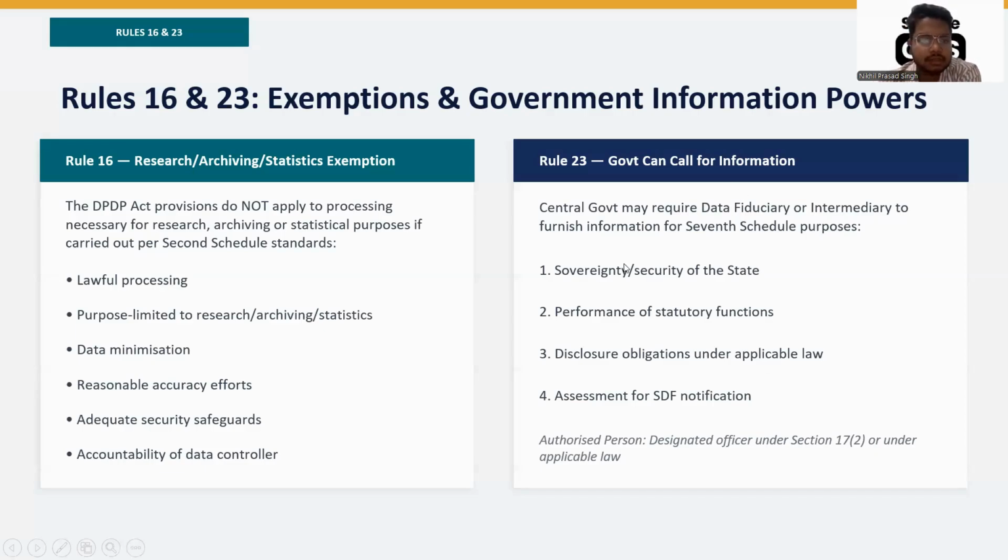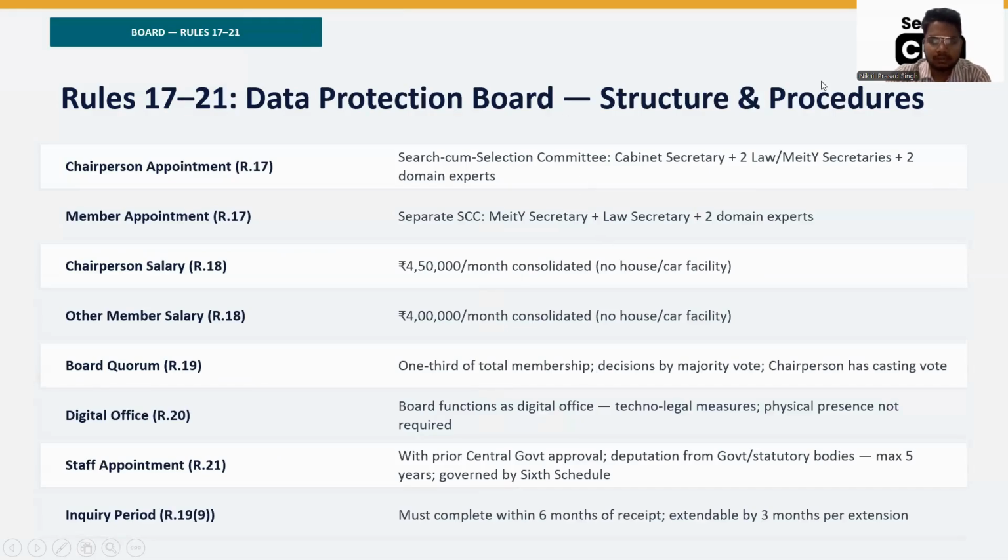Okay, let's proceed. Now, this is the structure of the Data Protection Board: what its structure and procedure shall be. It's not very important for you, but since it's in the rules, I'll give you an overview. There shall be a chairperson appointment. The committee will be one Cabinet Secretary, two MIT secretaries from the Ministry of Information Technology, and two domain experts through lateral entry, nominated people, with the Cabinet Secretary overseeing it.